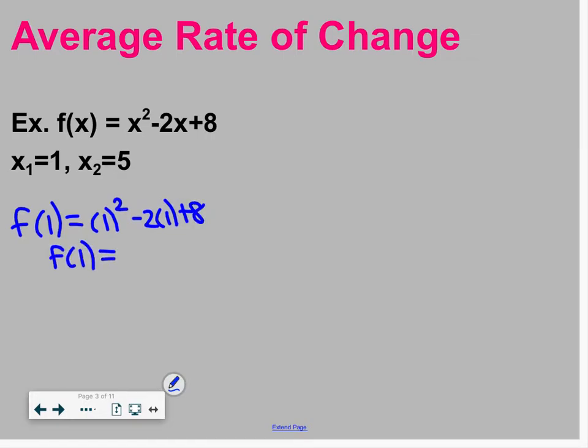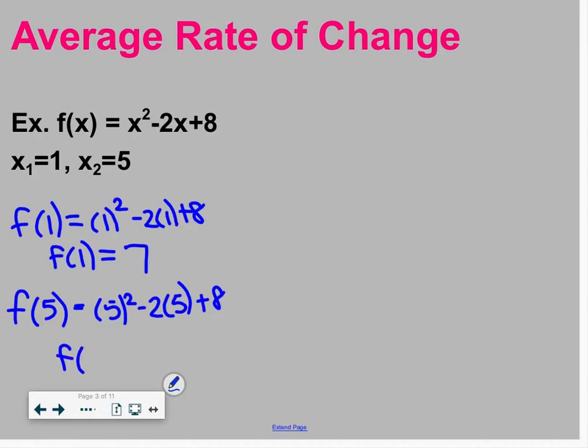what do we get? 7? And then we also need f of 5. 25 minus 10 plus 8.